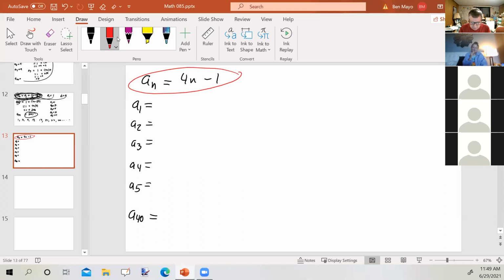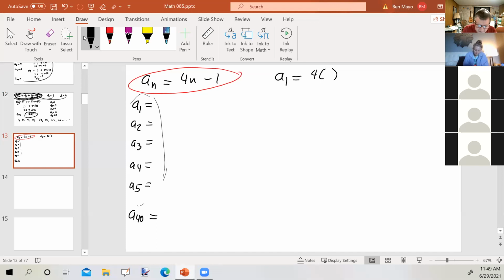All right. So let's start with a sub 1. a sub 1 equals 4 times n, but what is n in this case? 40? No, we're going to get there.